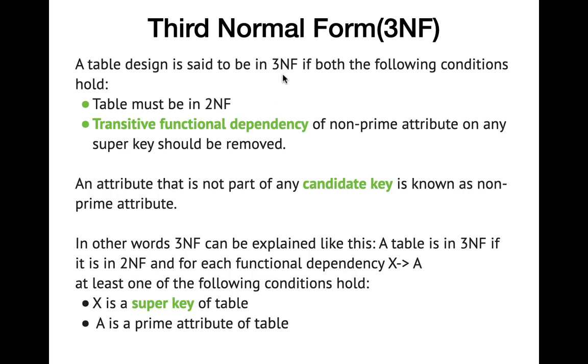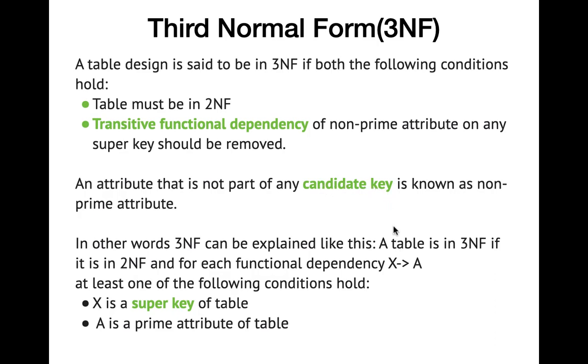Then the next property in 3NF is that transitive functional dependency of a non-prime attribute on any superkey should be removed. That is, transitive dependencies should not be there from the key to any non-prime attribute. To understand BCNF, go back and listen to the 3NF video if 3NF is not clear to you, because it is required to understand BCNF.